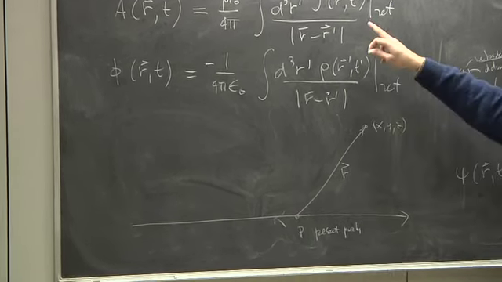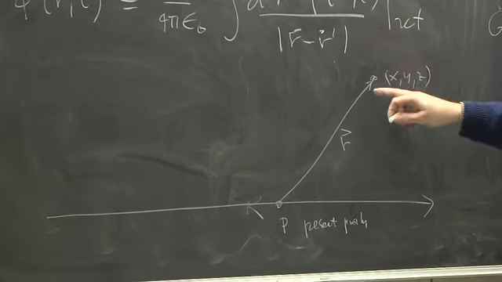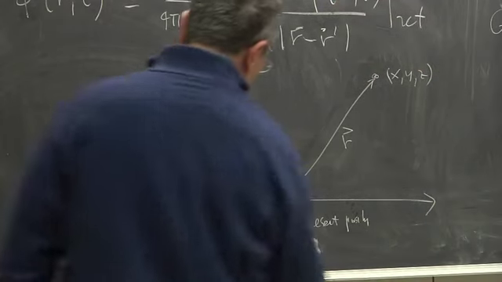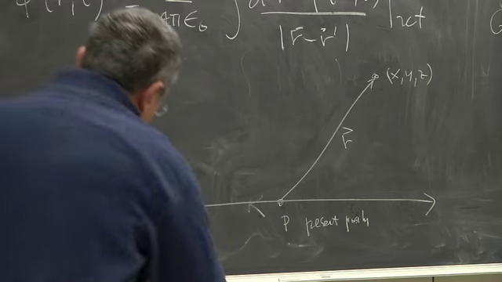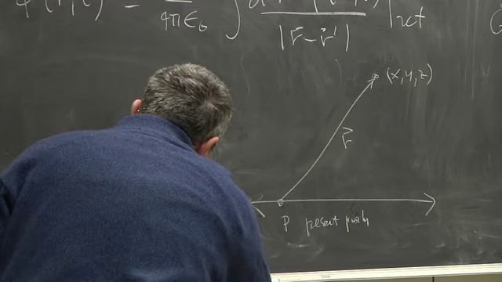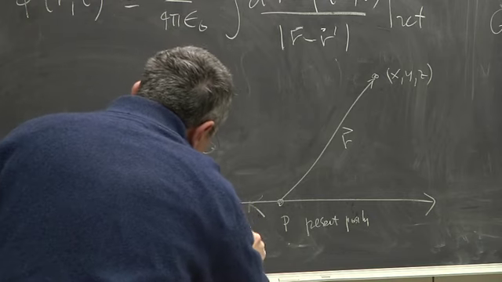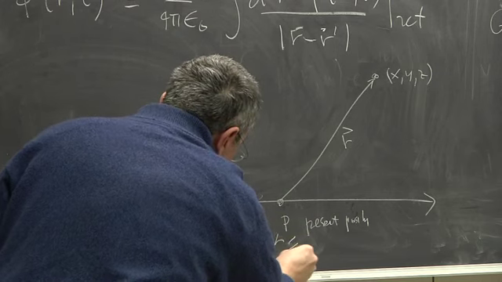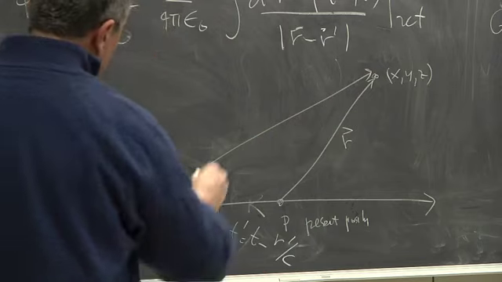So what do you do? You compute this, right? But the point is that you compute this by taking J and rho from this charge, not at the present point, but at a previous point, P prime. That is the retarded position, where T prime is equal to T minus R minus R prime divided by C.